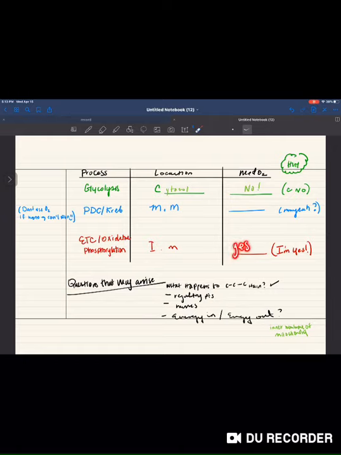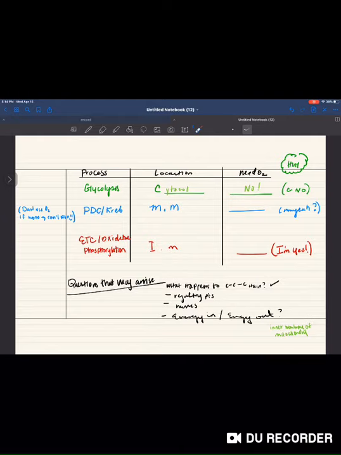Yes. It does need it and it uses it directly. So those are my little hints. This is for the matrix, and I put a little question mark because it uses oxygen indirectly. And this one is a direct yes.